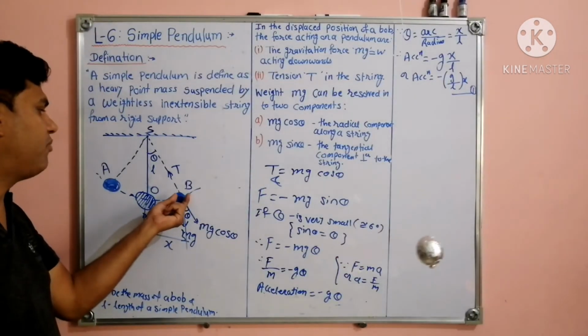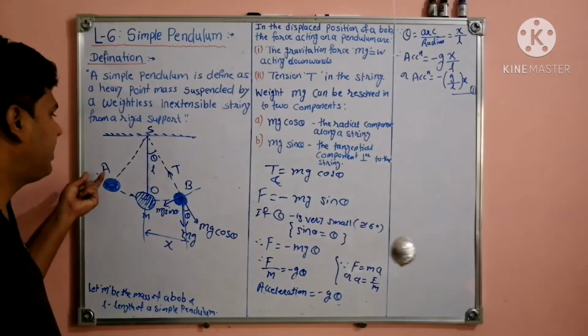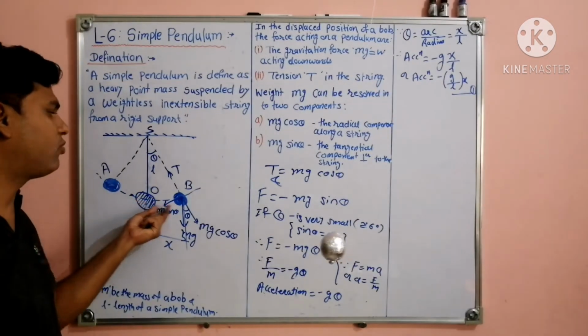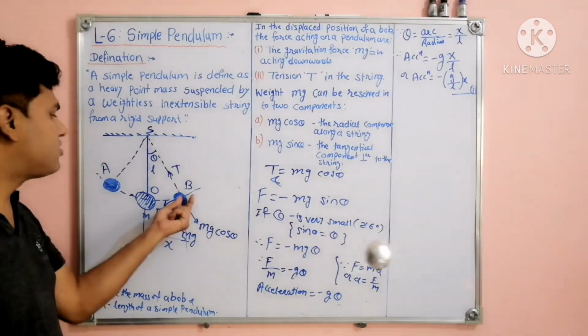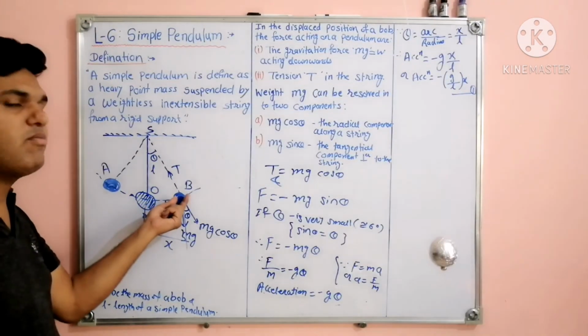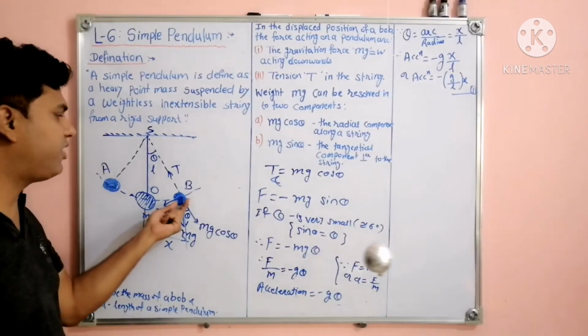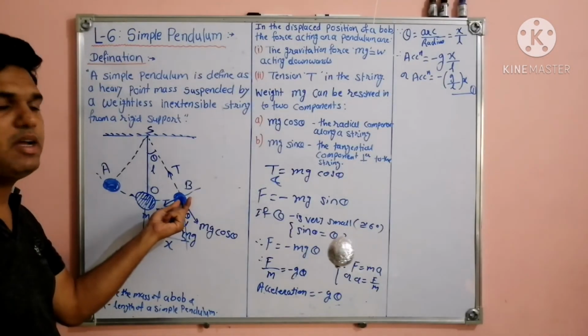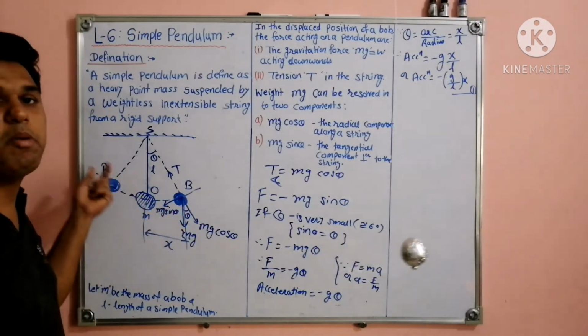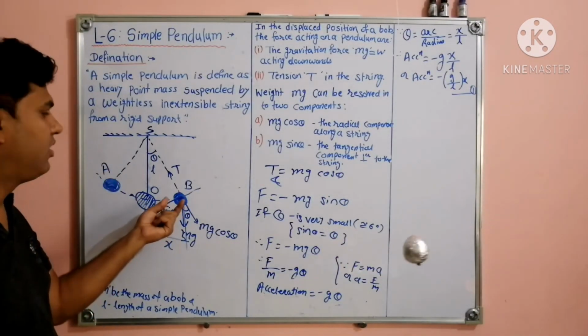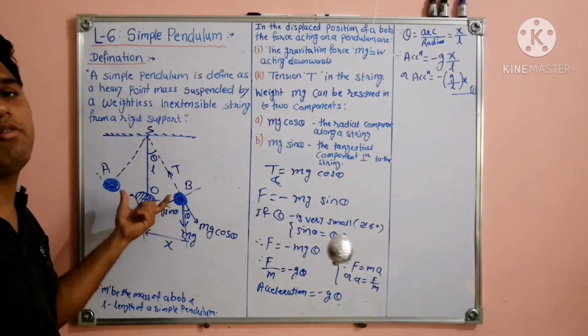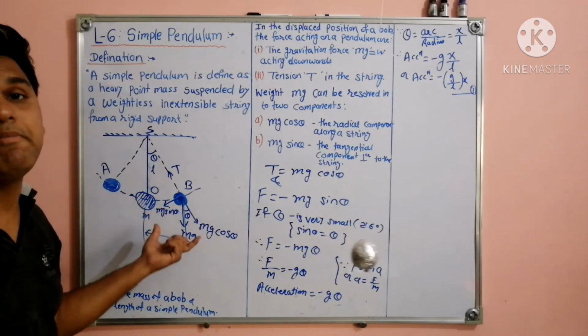Then it performs oscillation from B to O, then O to A, again A to O and then O to B. Starting from B and returning to B, it performs one oscillation, and the time required to complete one oscillation is its time period.